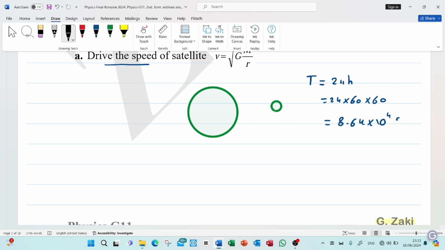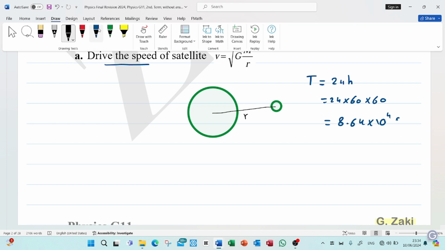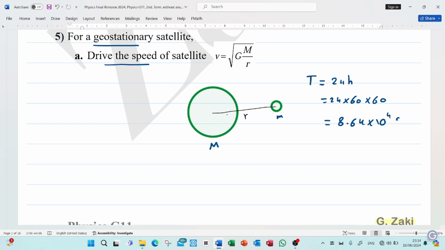This is the distance from the satellite to the Earth, denoted by R. So this is R. Now, the Earth's mass is denoted by M capital and the satellite's by M small. We have the gravitational force between M small and M capital from Newton's law: Fg equals G M m over R squared.